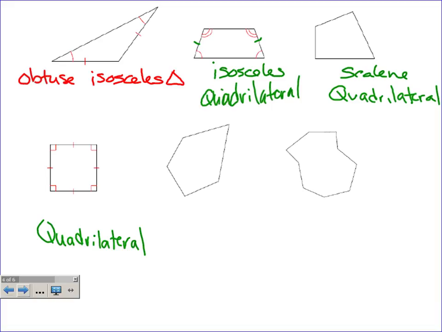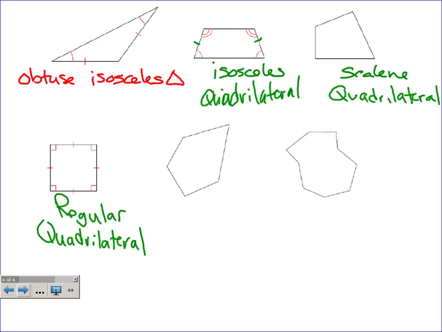So what's it called when all four sides are the same? Equilateral. Okay, what about the angles though? They're all right angles, and they're all the same, right? So it's also equiangular. What's the name for something that's equilateral and equiangular? Regular.